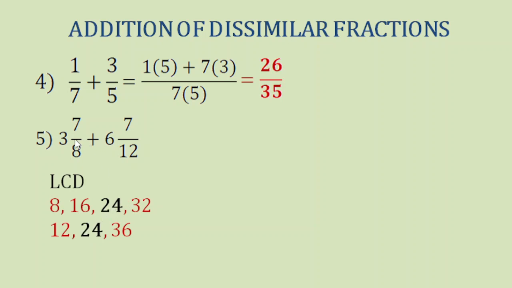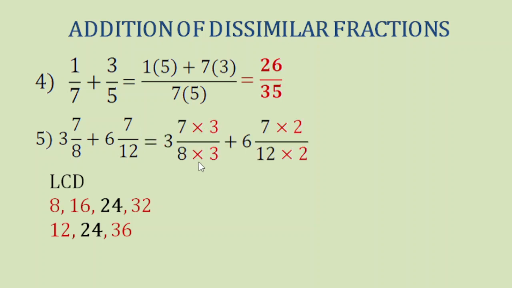So meaning to say, we will make this 8 into 24, and also this 12 into 24. To make 8 into 24, we multiply by 3, but we also have to multiply the numerator by 3. To make 12 into 24, we multiply it by 2, but we also have to multiply the numerator by 2.